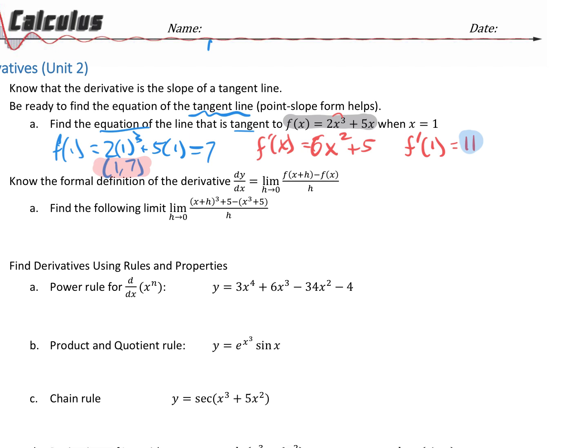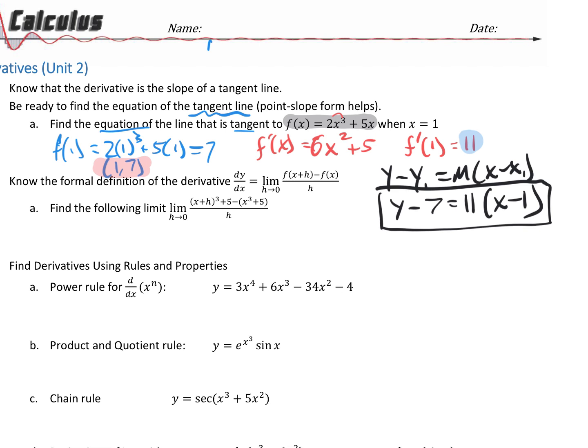So now we can make our equation. Our point slope form, y minus y1 equals m times x minus x1. So we have y minus the y value of 7 equals 11 times x minus 1. So we have our x, y coordinates 1 and 7 and our slope of 11.